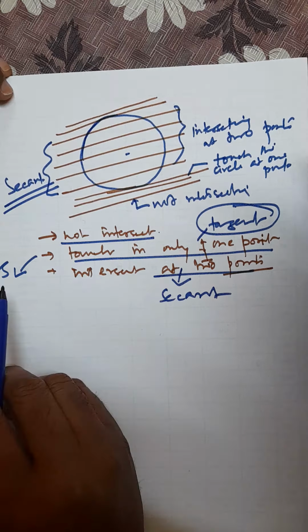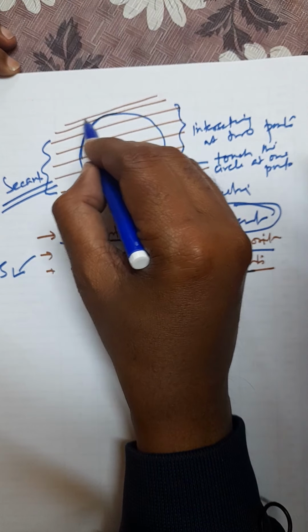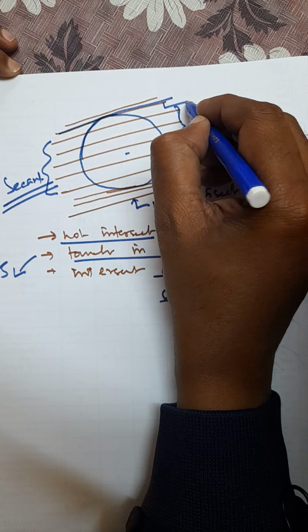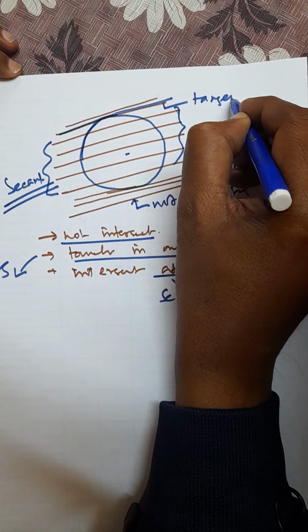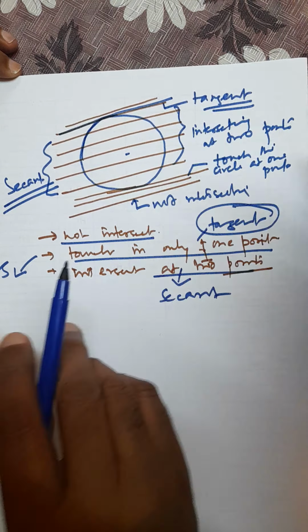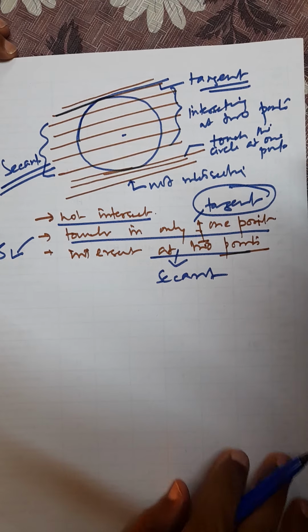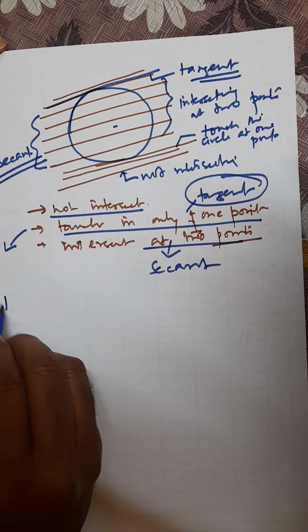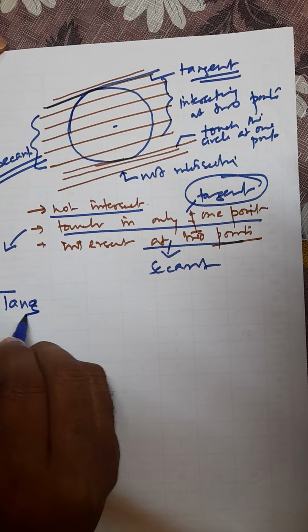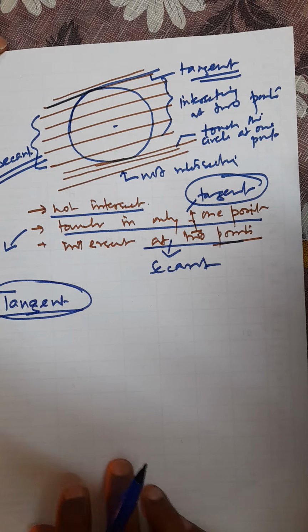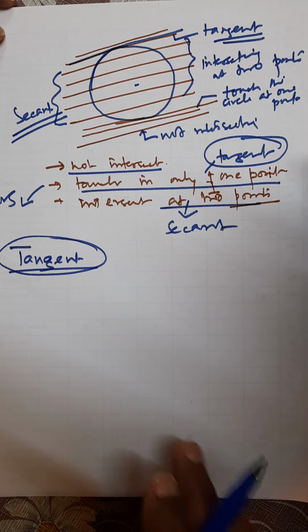These are called secants. This line, which we can imagine touches at only one point, is called a tangent. So our main aim is to discuss the tangent to a circle. Our main point is tangent.